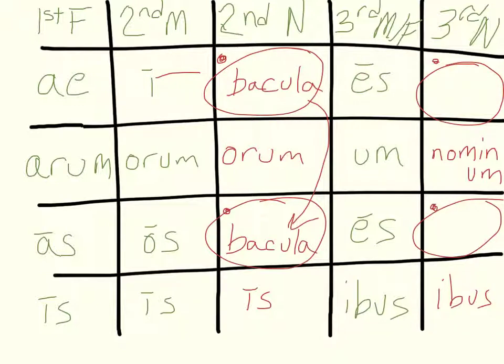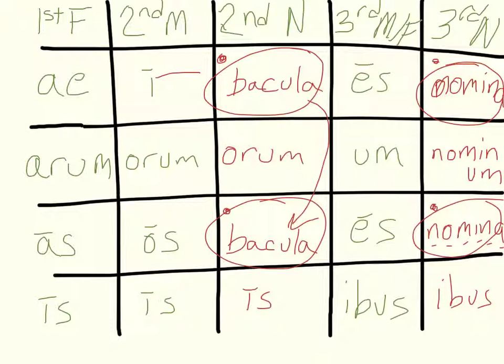Bacula. Here, instead of having nomines, you're going to have nomina. And also here, nomina. Nomina.